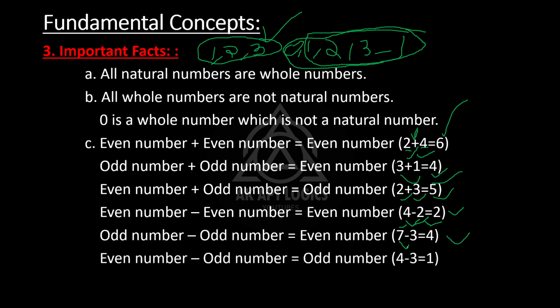Even number minus odd number equals odd number. 4 minus 3 equals 1, where 4 is an even number, I mistook it, 3 is an odd number, and the result 1, which is the subtraction of 4 minus 3, is also an odd number.